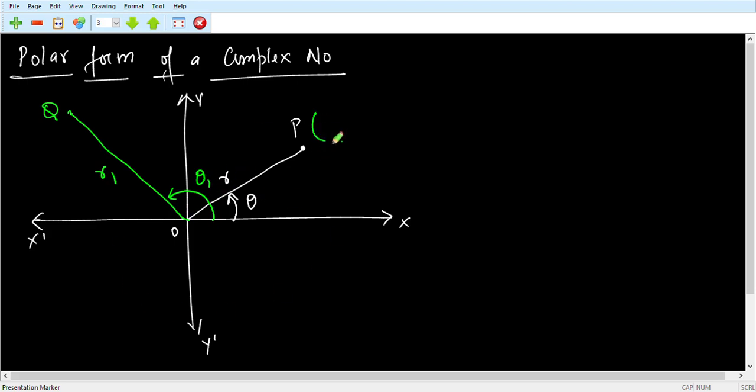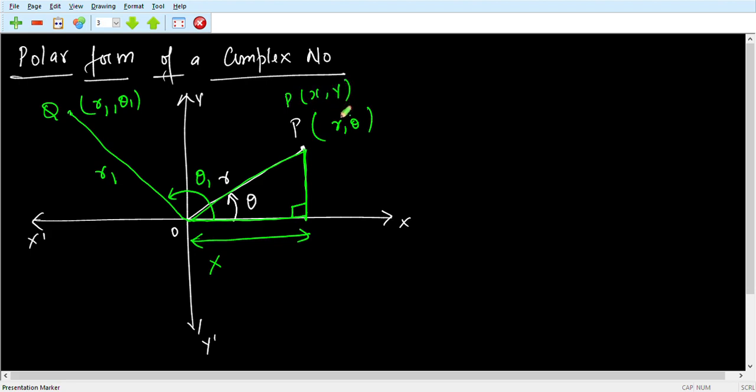This P can be represented by r comma theta, and this Q can be represented by r1 comma theta 1. In trigonometry we have already discussed a right angle triangle, where this is 90° and this will be the base. As we discussed in the earlier concept, this is x, and the point P can be represented by the ordered pair x comma y.